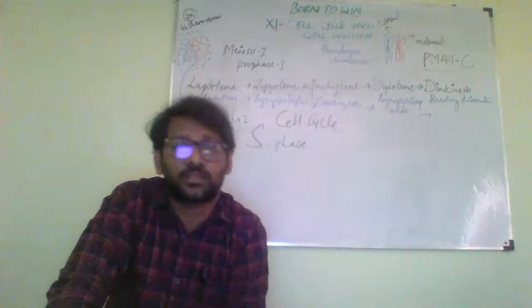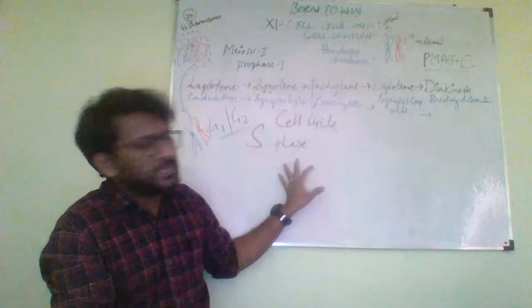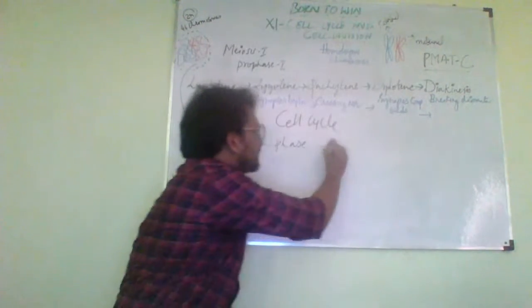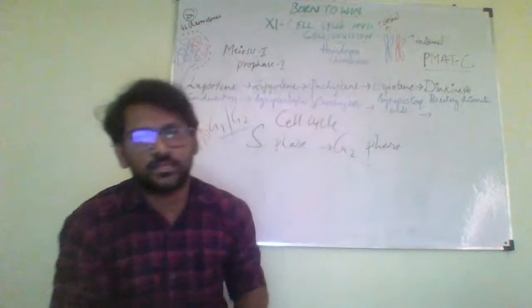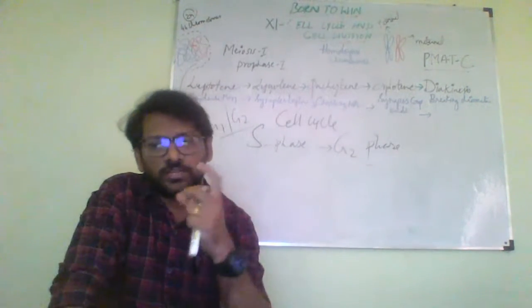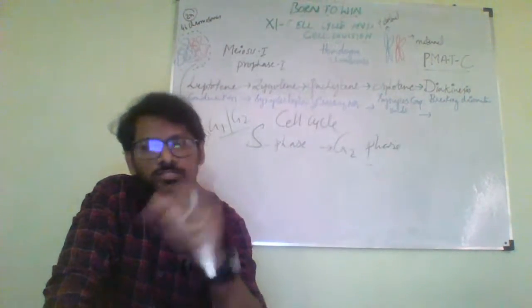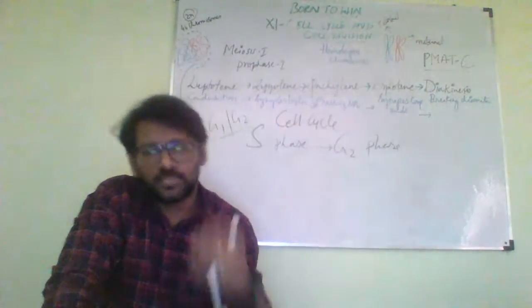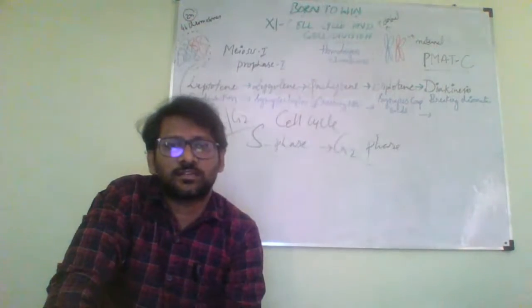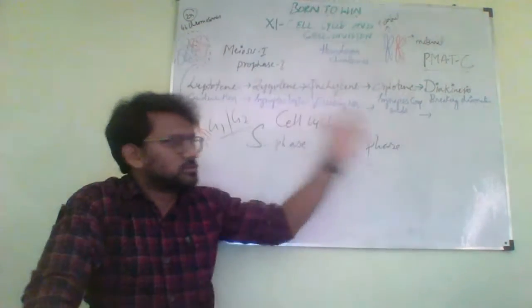There is a proofreading mechanism. So quality control occurs in the G2 phase. During this second growth phase, the quality control of DNA would be checked.